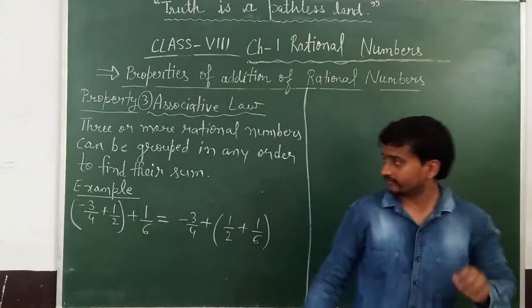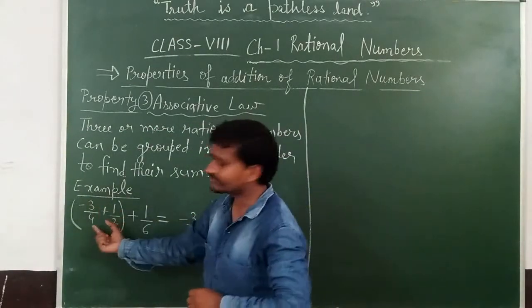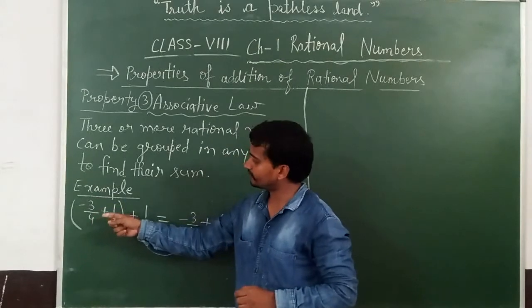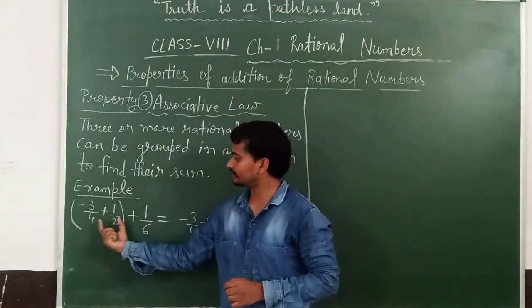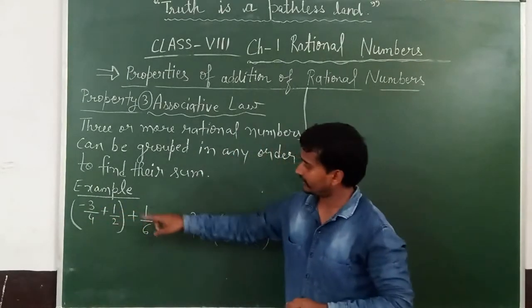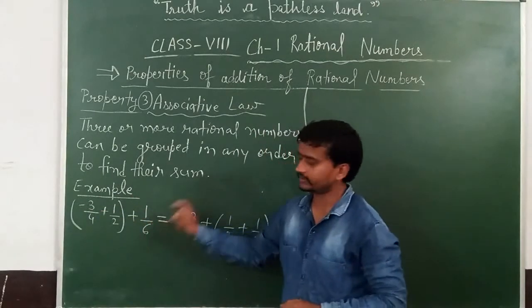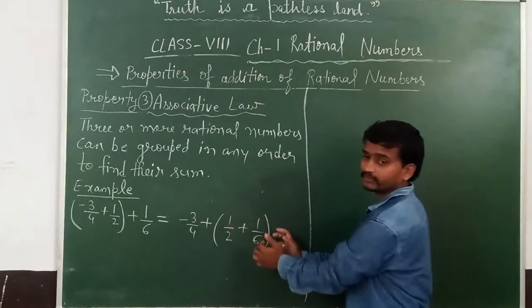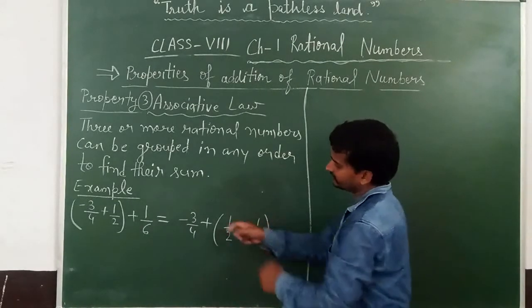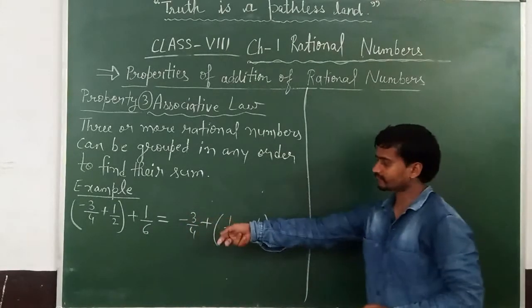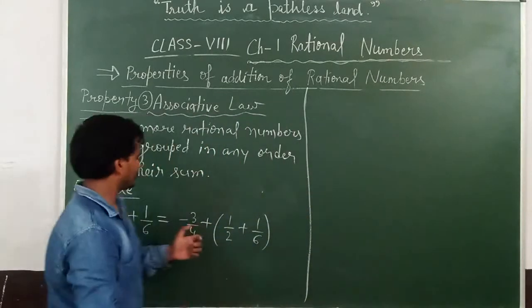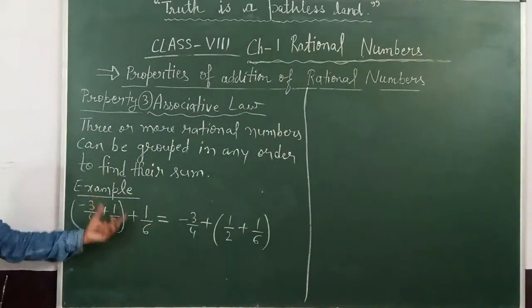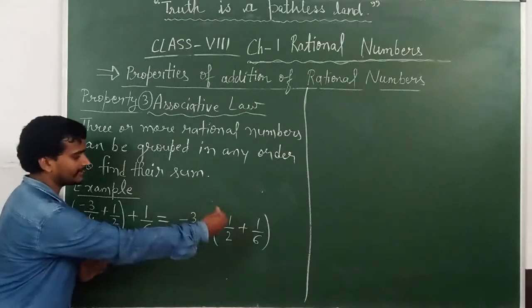We can group as, first we take minus 3 upon 4 plus 1 upon 2, these two rational numbers together in a bracket, and after that 1 upon 6. And here we take 1 upon 2 and 1 upon 6 together in a bracket and minus 3 upon 4 outside the bracket. Let us take these two sides, left hand side and right hand side.